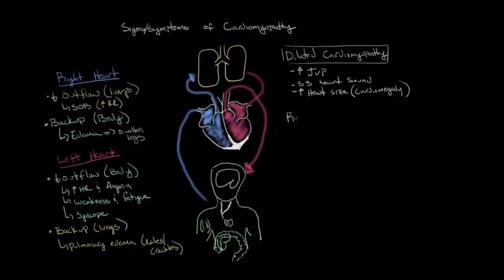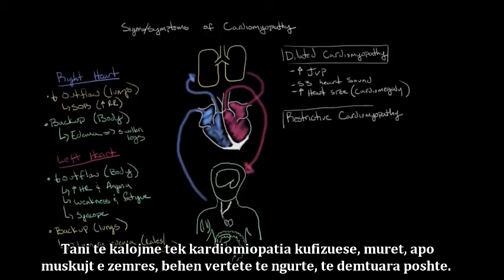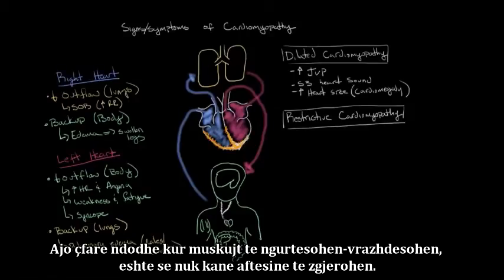So let me just erase the dilated cardiomyopathy here, and we're going to move on to the next type of cardiomyopathy, and that is restrictive cardiomyopathy. And in restrictive cardiomyopathy, the walls or the heart muscle gets really stiff and kind of scarred down. And what happens when these walls are really stiff is that they're not able to dilate.